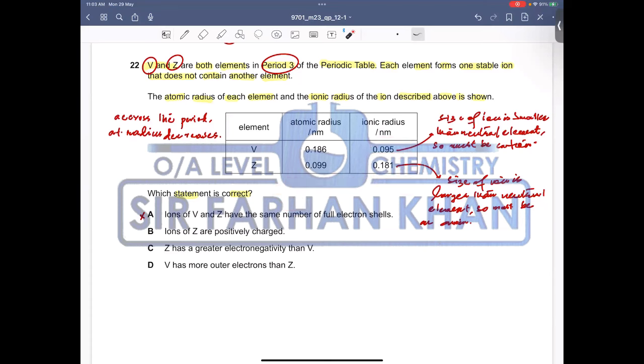Next statement, ions of Z are positively charged. Not at all. Ions of Z are negatively charged. This is also incorrect. Next, Z has a greater electronegativity than V. If it is an anion, obviously it is a non-metal.